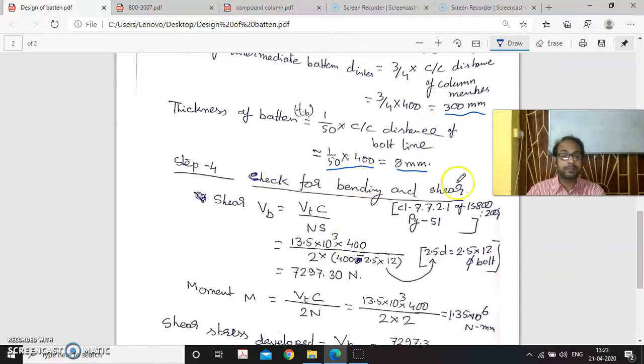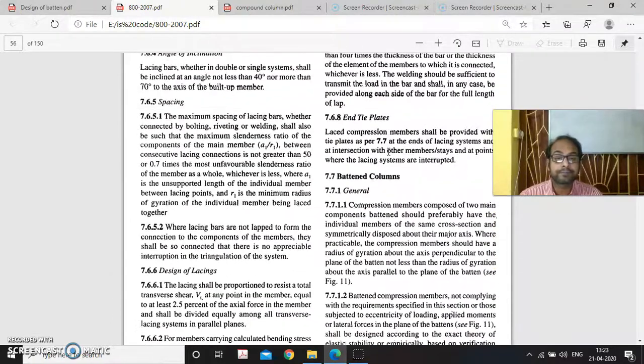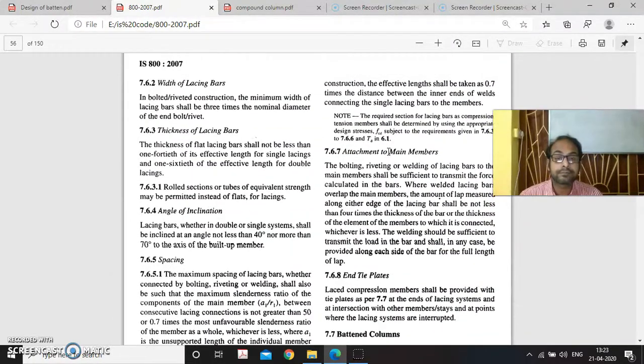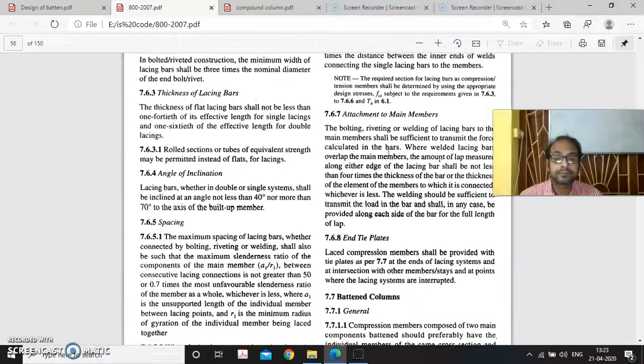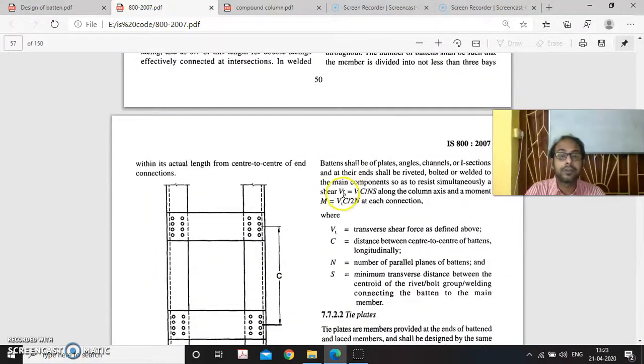So now for the check for bending and shear. We have seen there is a provision for shear and bending. That clause is this one. So for the batten column, VB is equal to VT C by N S and M is equal to VT C by 2N, where VT is the transverse shear and C is the center to center distance.